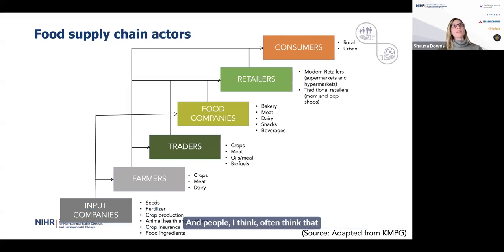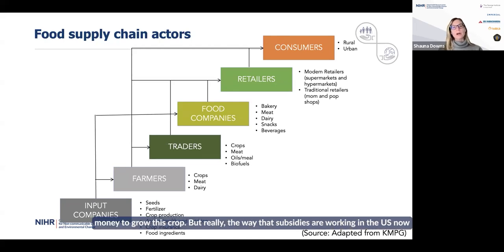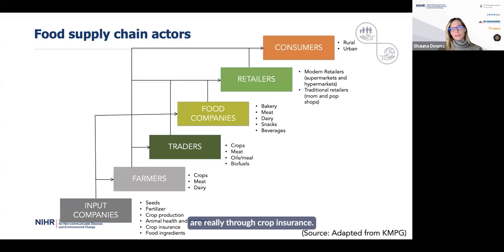And people, I think, often think that the government is just giving these farmers money to grow this crop. But really, the way that subsidies are working in the US now is through crop insurance.